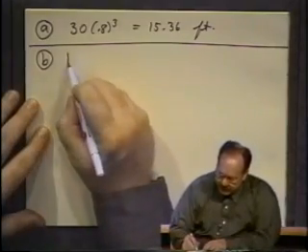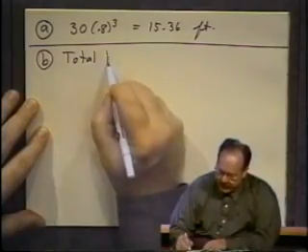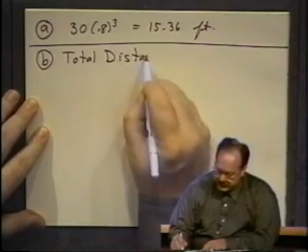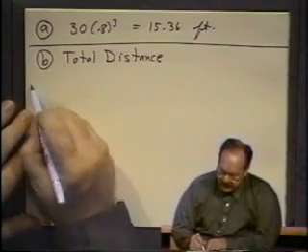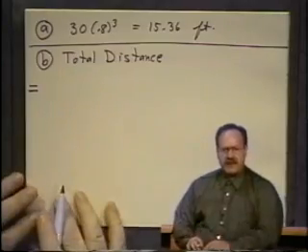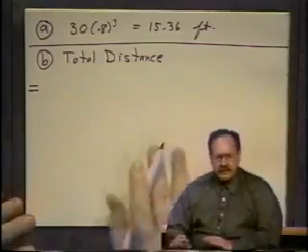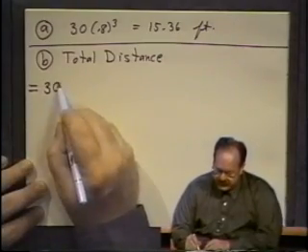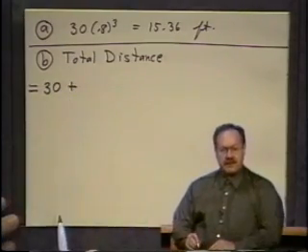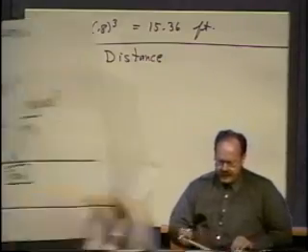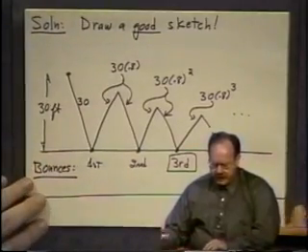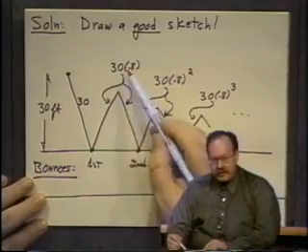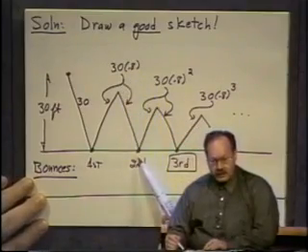Now as for the total distance, that will take us a little more effort. Total distance. Well, let's just write it out before we try simplifying anything. Just get everything on paper and then we'll work it out to see if we can simplify. First of all, there's that distance it drops at first, which is 30. Then looking back to our bouncing picture here, it goes back up 30 times 0.8 and then comes back down 30 times 0.8.